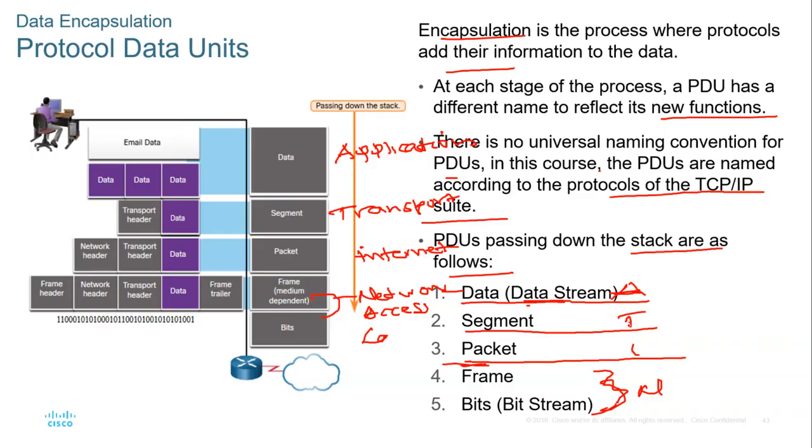Once a segment is added with the source and destination network address, it becomes a packet. Once a packet is added with the source and destination MAC address, it becomes a frame. And once the frame is converted into zeros and ones, binary format, then of course there will be the bits.